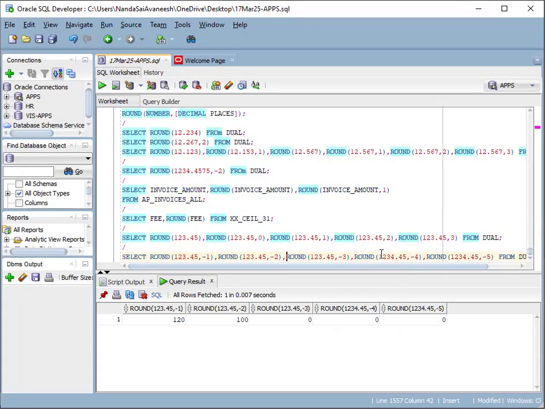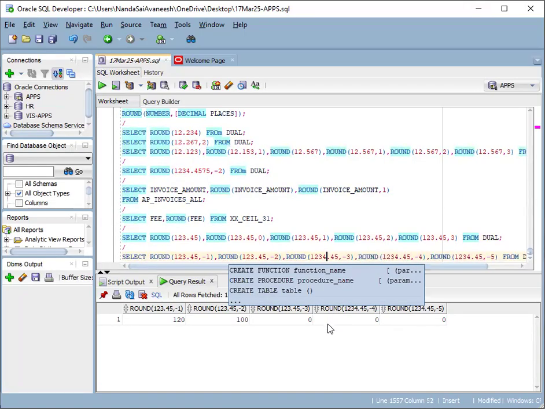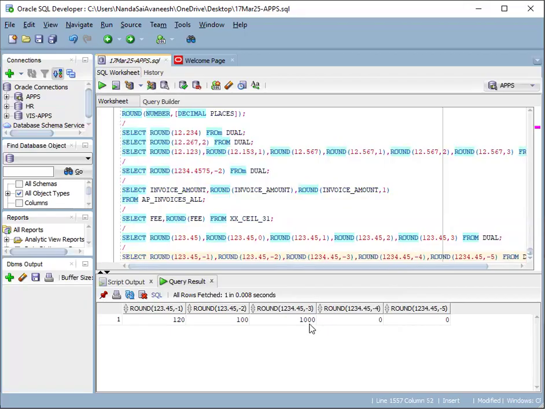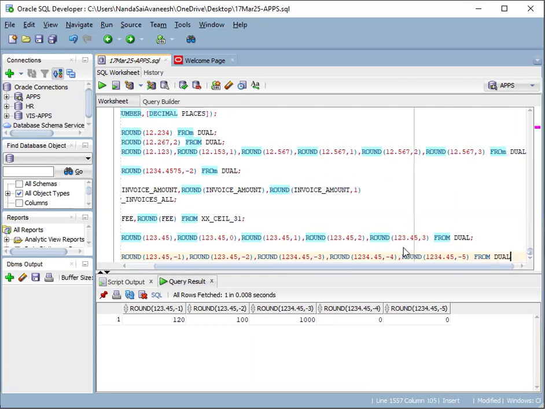These 4 digits become 0. Suppose we take 1234.45, then it becomes 1000. That means all the ones, tens, and hundreds become 0, and only the thousands remain. Okay, this is about the ROUND function.